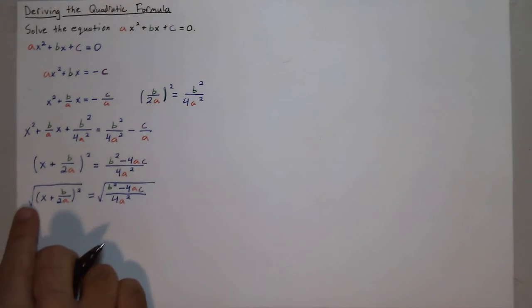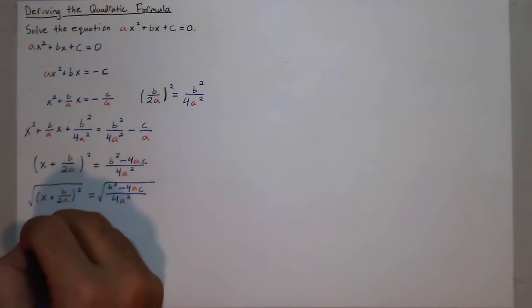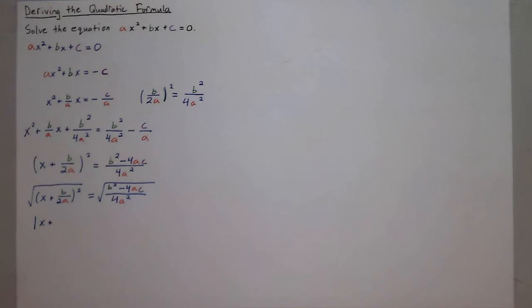Now the square root of x plus b over 2a squared is the absolute value of x plus b over 2a.